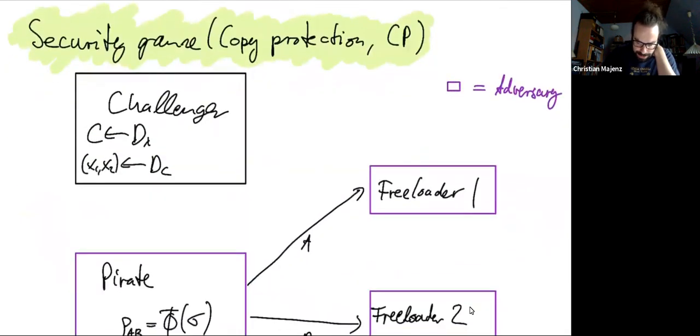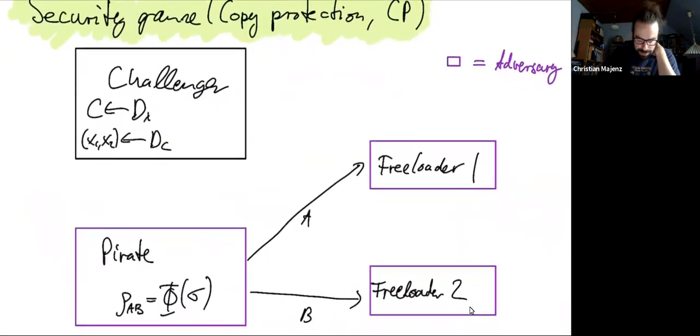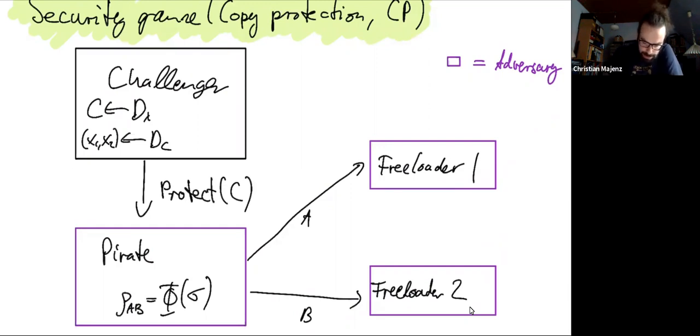So here's the security game. It looks very similar to the security game of unclonable encryption, except that now the challenger samples a circuit C from the distribution D lambda and some challenge inputs. The challenger sends to the pirate the protected version of the circuit C, let's call this sigma again.